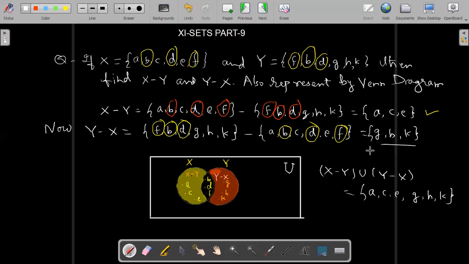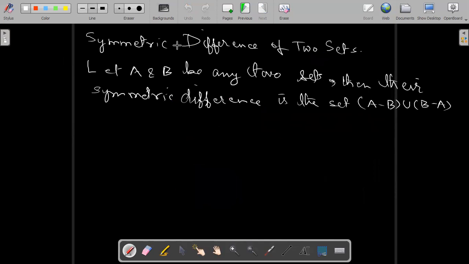This is called the symmetric difference of X and Y, or A and B. And it is denoted by the symbol delta.